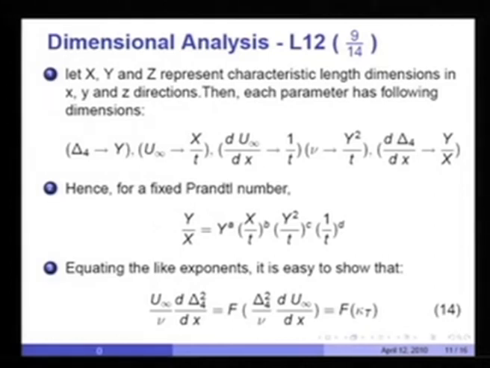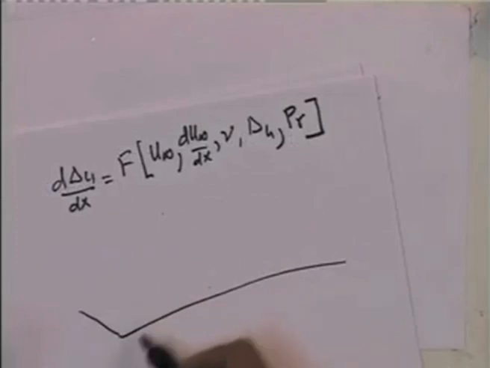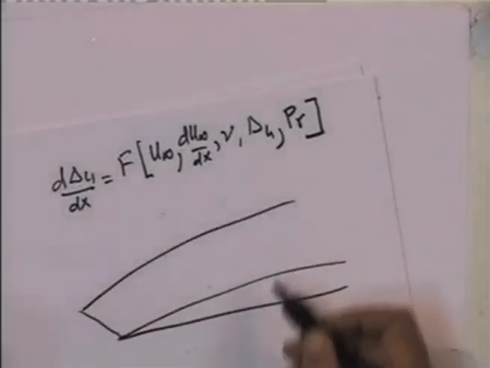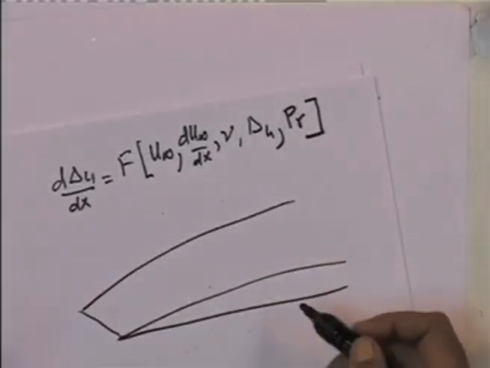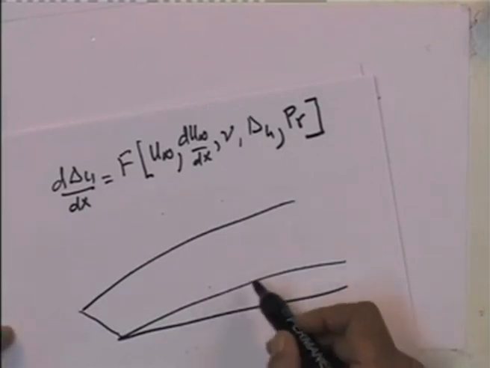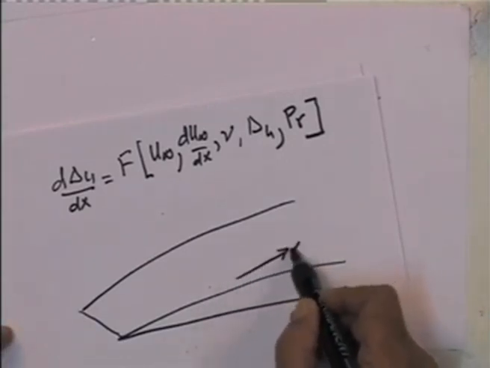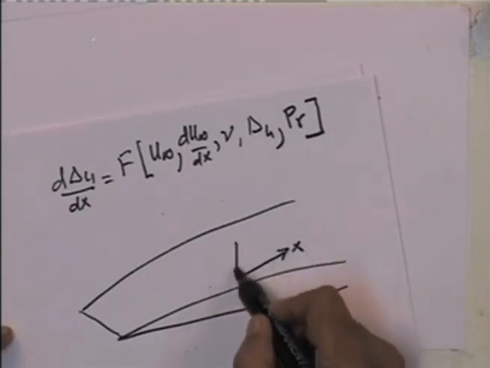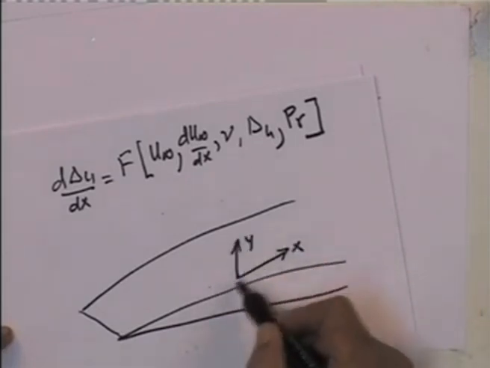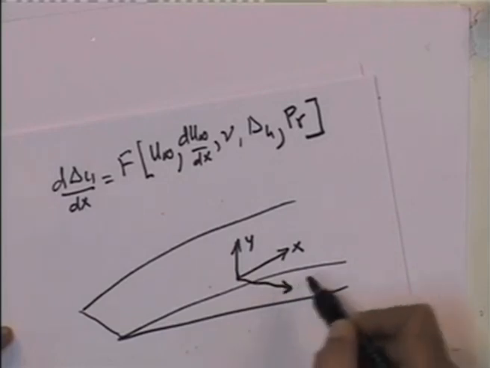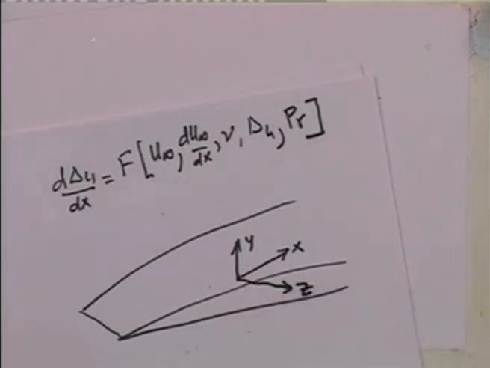So, let us say this is the boundary layer growing on a flat plate or any other plate with a pressure gradient, then in the streamwise direction this is x, this is the transverse direction y and this is the lateral direction z.